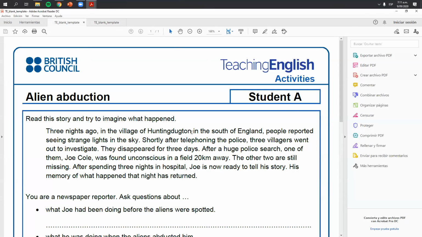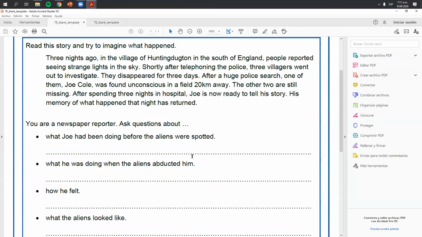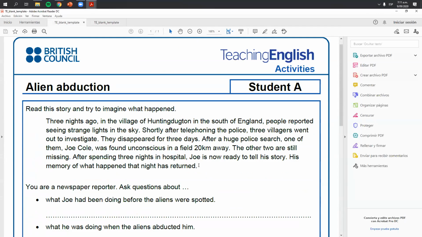We're going to prepare this interview, which means we are going to use narrative tenses again. In this role play, one of you is going to be the person who is providing the information, the person who went through a particular situation, and the other person is a newspaper reporter. Those are the two roles we have. That's essentially how it goes.